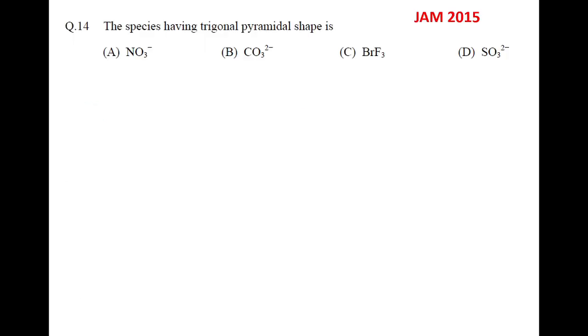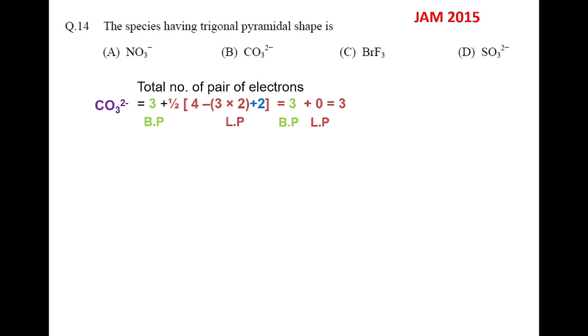Another question: the species having trigonal pyramidal shape. This question was asked in JAM 2015. So all three species are ionic species, one is neutral. By using the same methodology, you will get the number of bond pair and lone pairs.